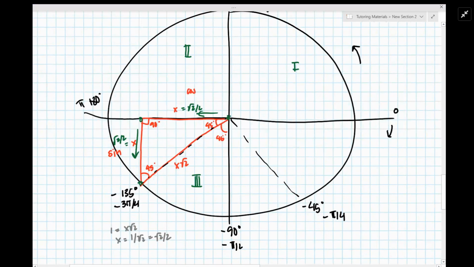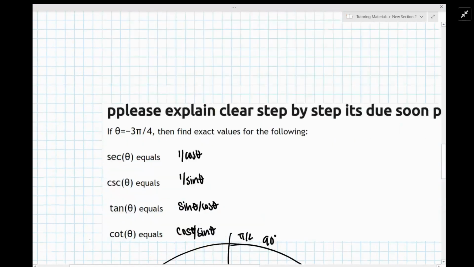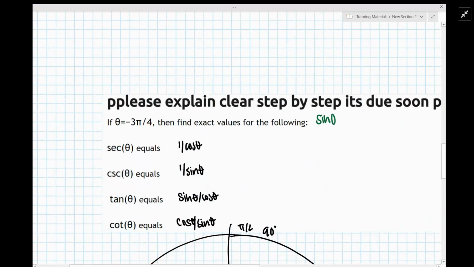So sine and cosine are both going to be negative. So they're negative root 2 over 2 and negative root 2 over 2. But that's what we needed to know. So we needed to know that sine theta is negative root 2 over 2, and cosine theta is the same. And that's going to help us solve the rest of these.